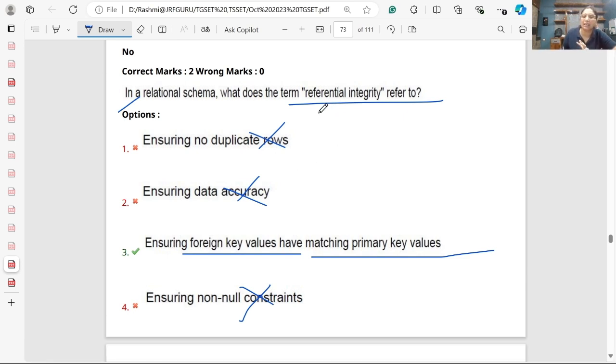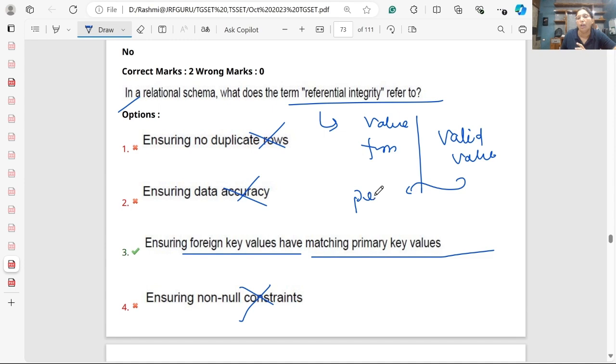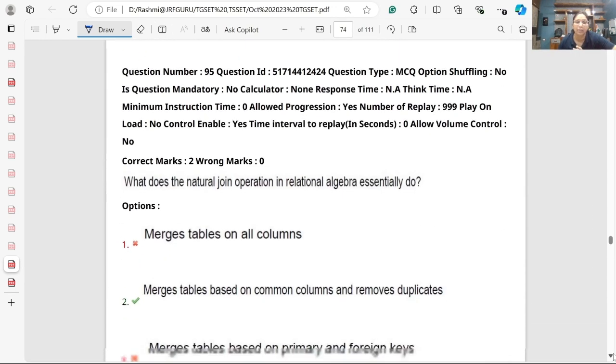The referential integrity statement says that the value allowed in a foreign key should be a valid value from the primary key, or it can be null. Other than this, no other values are allowed. So this is referential integrity.